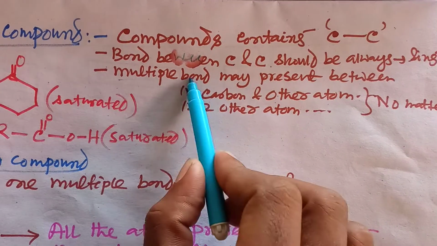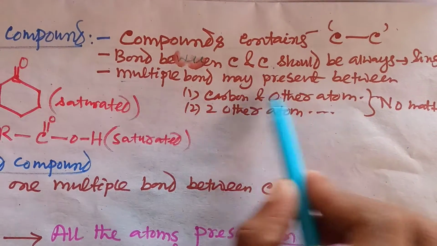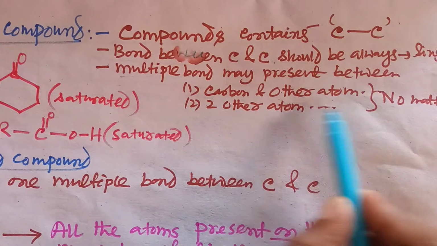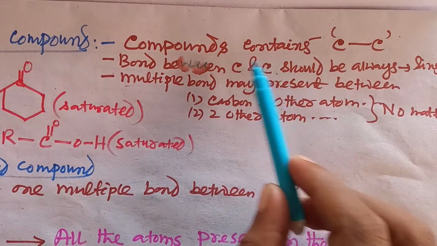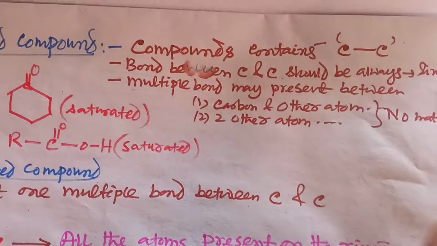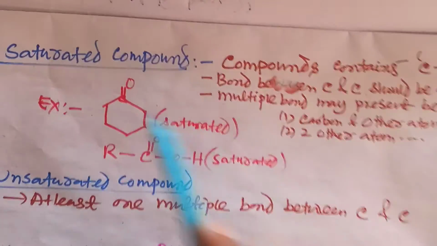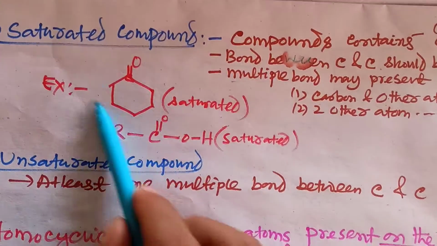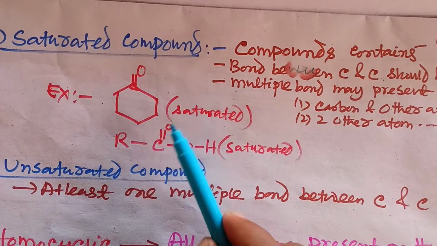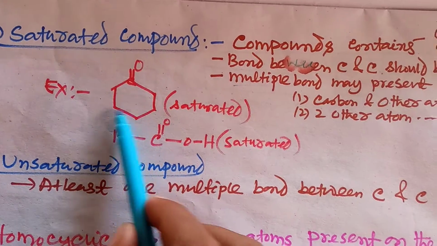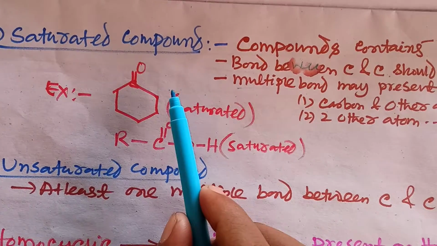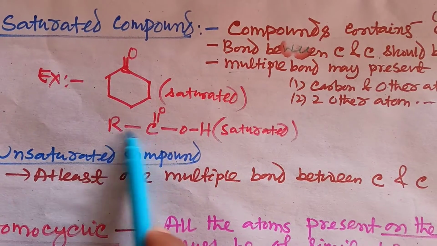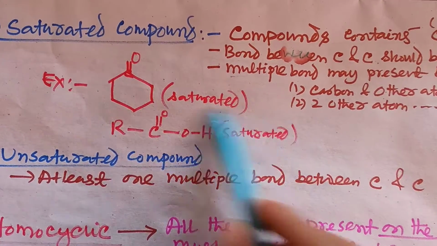But multiple bonds may be present between carbon and another atom, or between two other atoms, that doesn't matter. Whatever the bond between two carbon atoms is, it should always be a single bond. So this compound is also a saturated compound as it contains a carbon-carbon single bond. But here there is a multiple bond between carbon and oxygen, that doesn't matter. Similarly, this is also an example of a saturated compound.